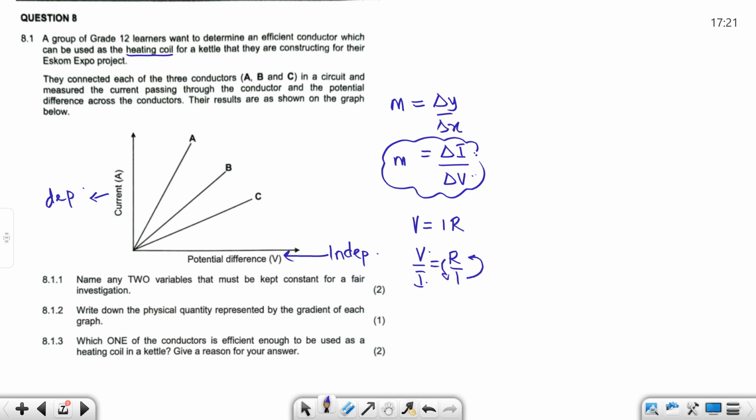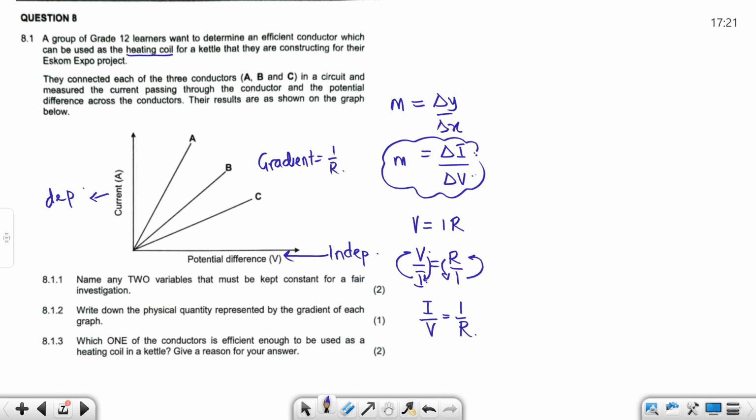Can I turn this? And if I turn this, I've got to do the same. What would I have? I over V equals 1 over R. Lovely. So it means the gradient of this graph is 1 over R.